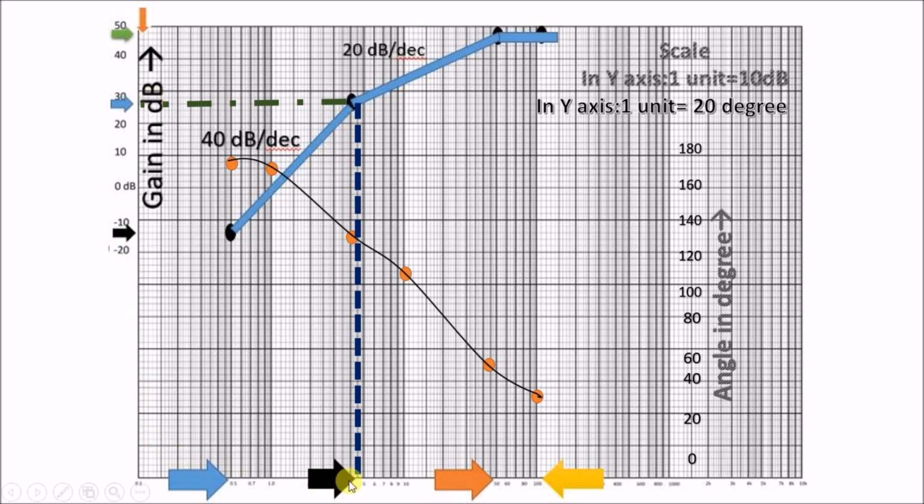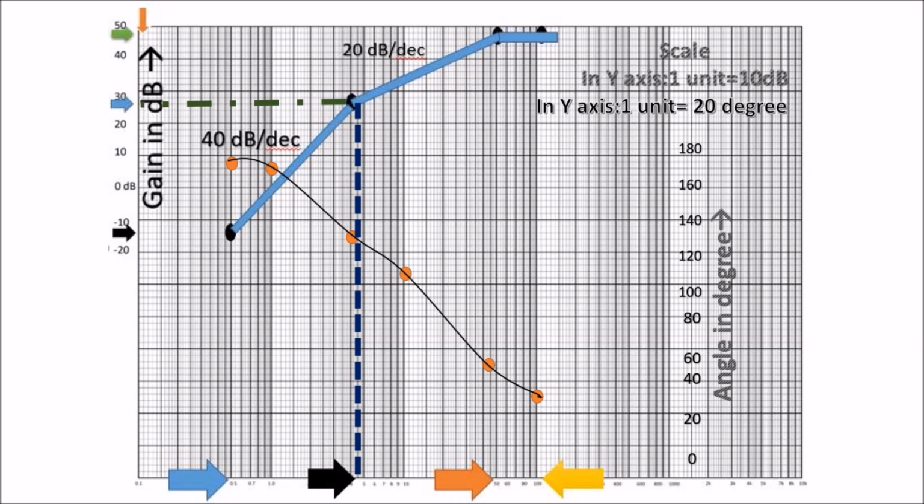So we can easily find that at 5 radian per second the gain is 28 dB, which is positive. Now one question I can ask: in the previous plot we have used k equal to 1, right?